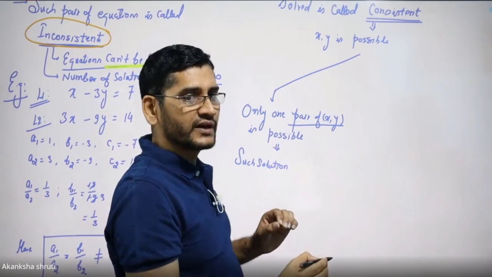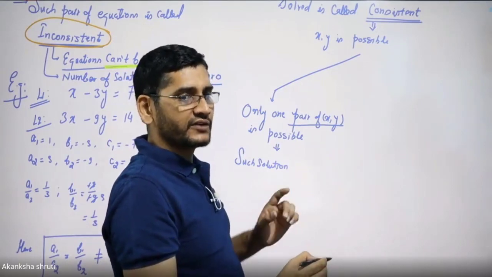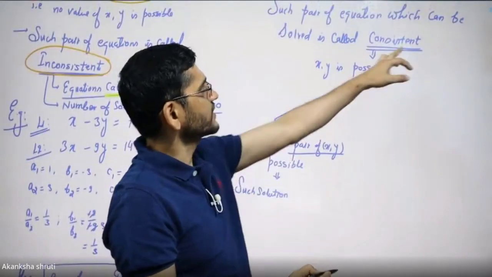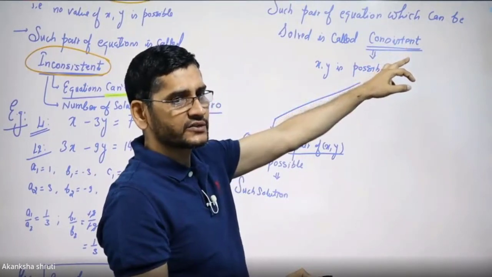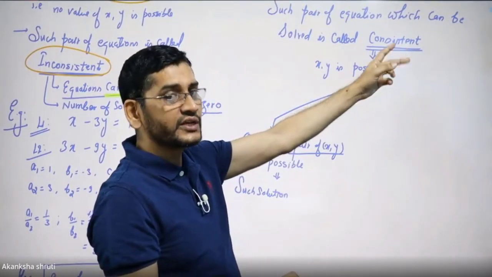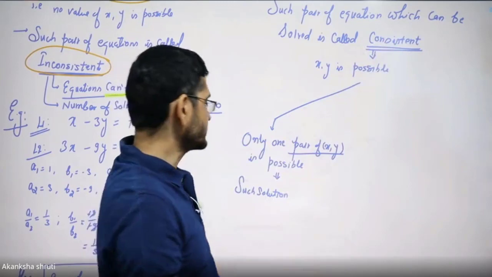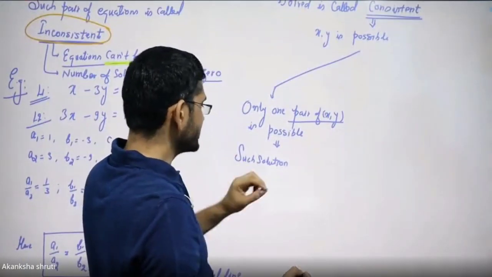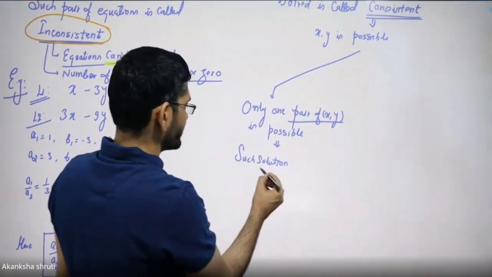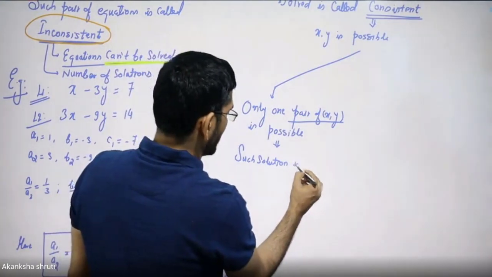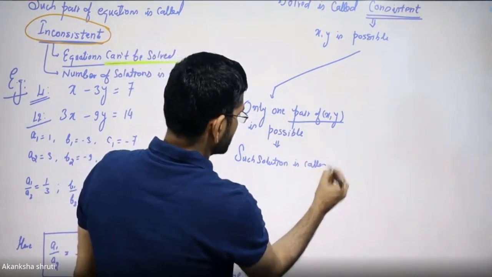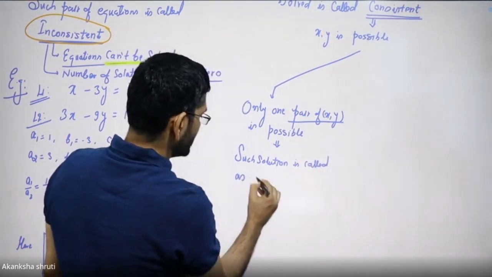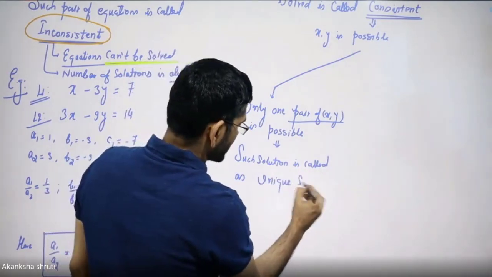The term unique is related to the x and y, but this consistent term is related to the equation. तो ये दोनों आपको ध्यान में रखने, कौन किसके कंटेक्स्ट में और किससे रिलेटेड चीजों को इंडिकेट करता है. So such solution is called as unique solution.